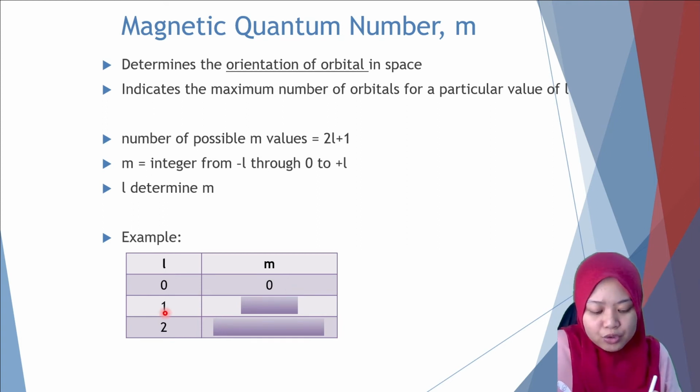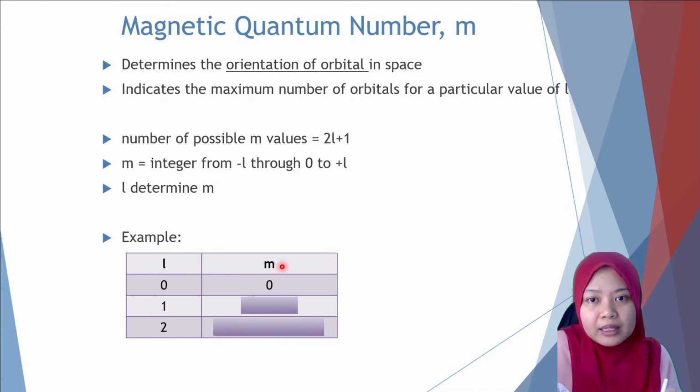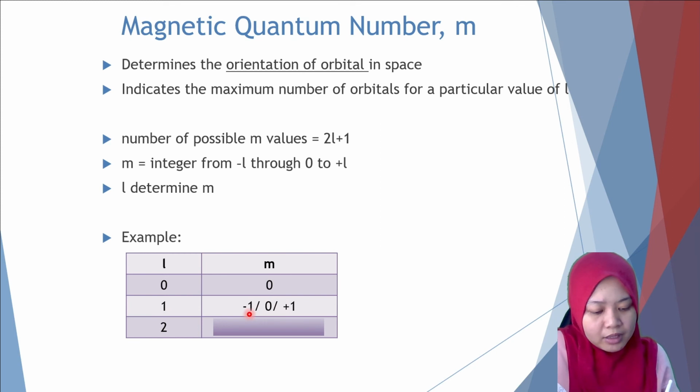If l equal to 1, okay, it says here, m is an integer from negative l. That means if l equal to 1, so nilai m awak adalah negative 1. Kemudian dia kata through 0, melalui kosong, 0 until plus l. l kita 1 until plus 1.